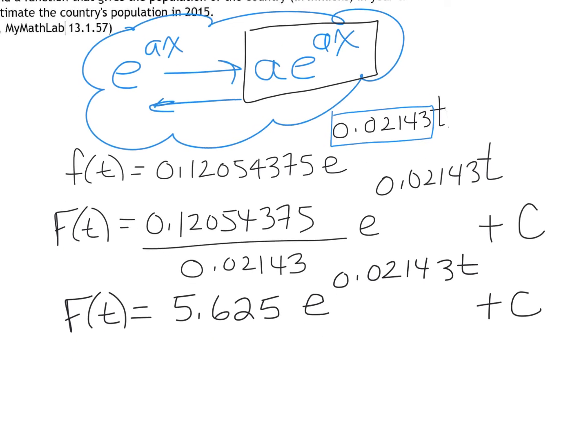Okay. So now we pull that point, so we know what the constant is. The constant we were given was in 1990, which is t is 0, and we had 5.625.